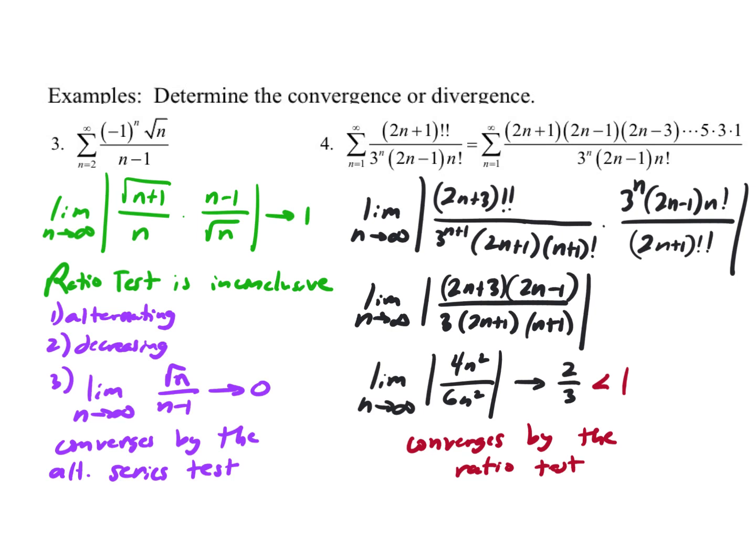As we work on this more and more, you're going to start recognizing the form and be like, oh, this makes sense to use the alternating series test here. Oh, there are factorials, we probably ought to use the ratio test here. Oh, it looks really close to a p-series, maybe we should use that.